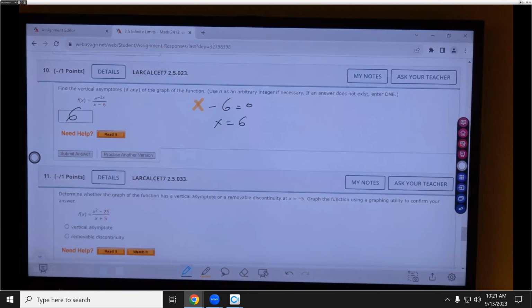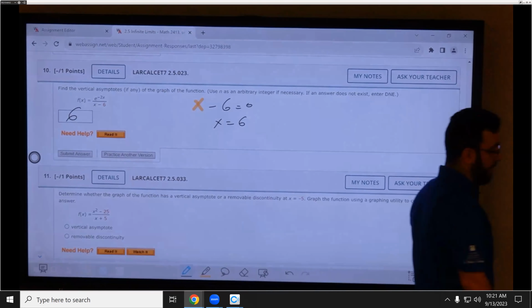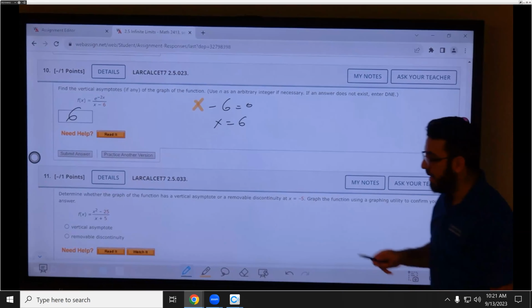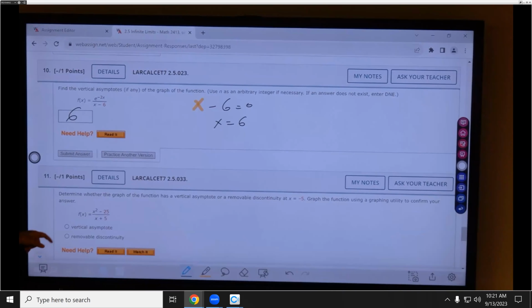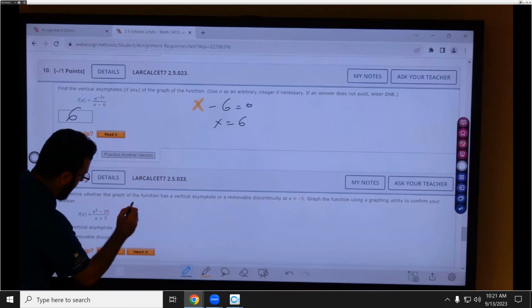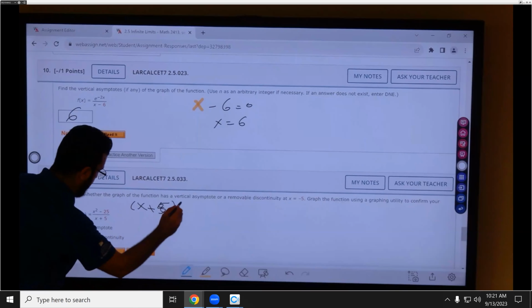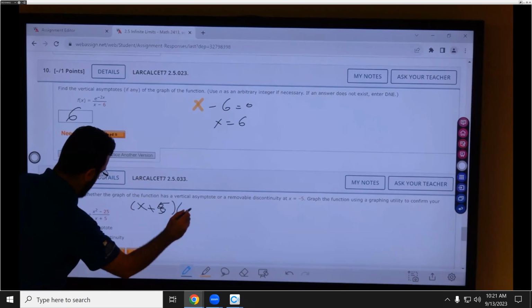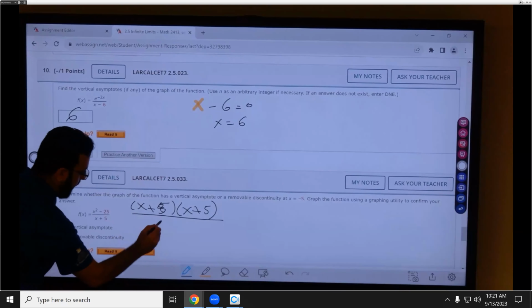What about this one? Same thing. Oh wait, you have to simplify, right? Before you find the asymptote, yes. Simplify. Yes, there's a hole. Check vertical asymptote, or you can say removable discontinuity. Yes, because the function on the top is a difference of squares, x squared minus 25, which is x minus 5 times x plus 5, over x plus 5.